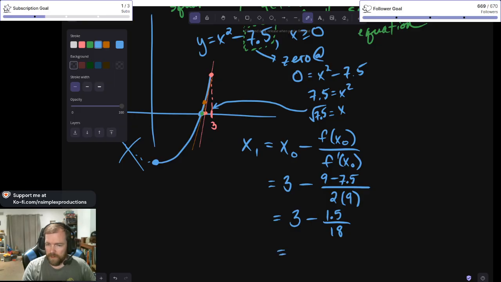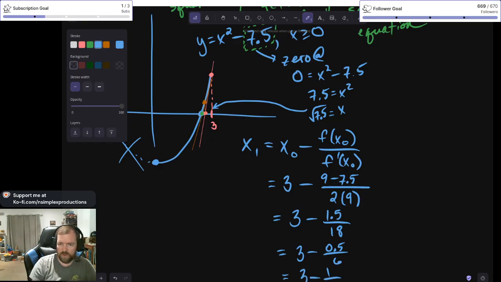Pretty nice. So this is going to be 3 minus 1.5 over 18. We can divide both by 3, so we get 0.5 over 6, or 3 minus 1/12.